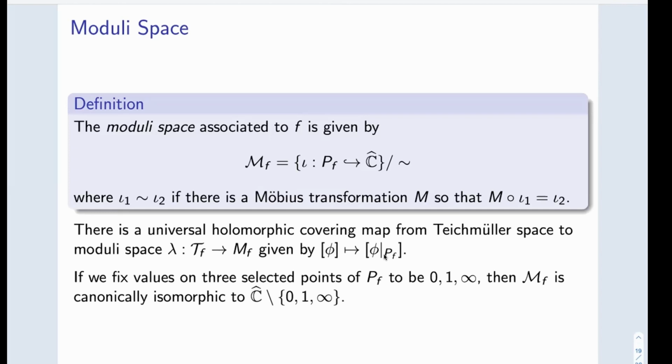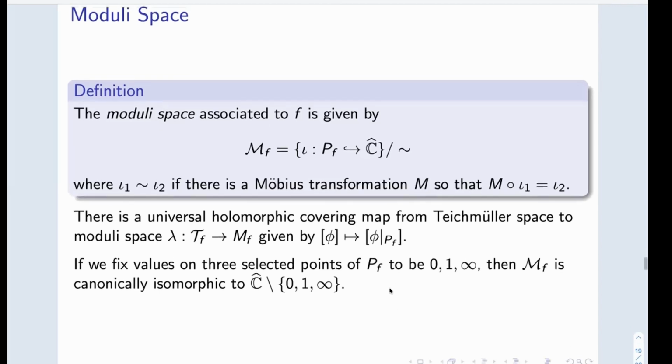And if in one of our spheres here, with 4 marked points, I declare that 3 of those marked points are going to be 0, 1, and infinity, then this is actually going to define an isomorphism from moduli space to the Riemann sphere minus those 3 points.